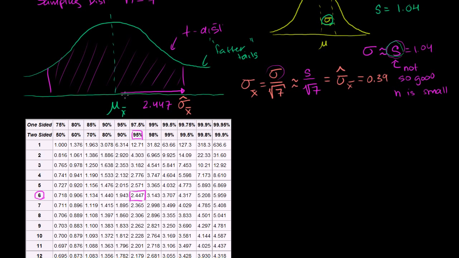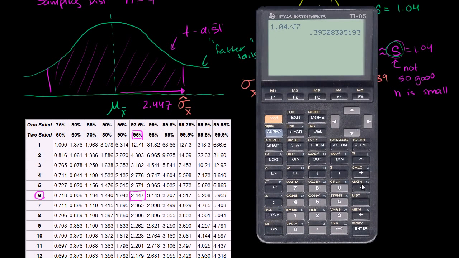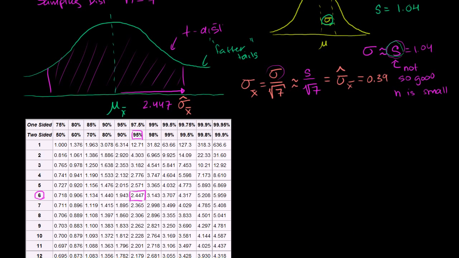If we want to find the distance around this population mean that encapsulates 95% of the sampling distribution, we have to multiply 0.39 times 2.447, which is equal to 0.96. So this distance right here is 0.96, and this distance right here is 0.96.